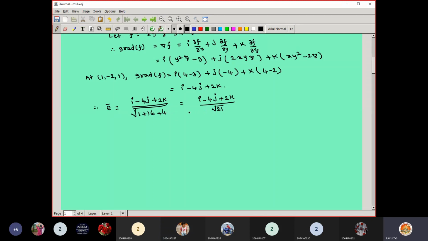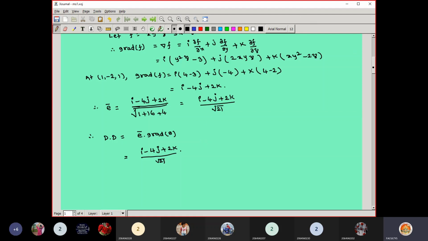So till now we calculated the unit vector, and here it is scalar. Therefore now I am getting the directional derivative as per the principle: e bar dot multiplied by the gradient of the given scalar. The scalar is denoted by g there. So the unit vector is (i − 4j + 2k) divided by root 21, and it has to be dot product with the gradient of g.